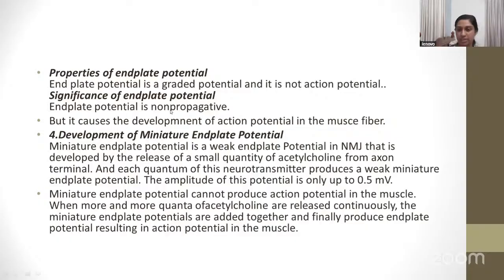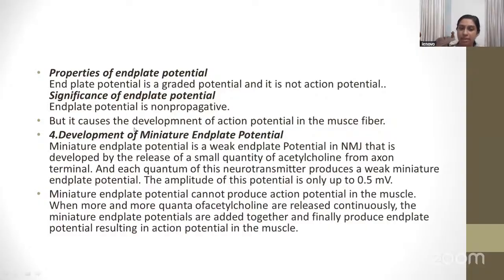It is not propagating. It occurs only in that particular area, but the action potential is propagative. It travels throughout the membrane. The end plate potential occurs only at the particular portion activated by the acetylcholine, but it leads to the development of the action potential by making the threshold potential.